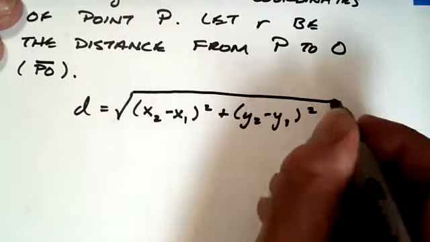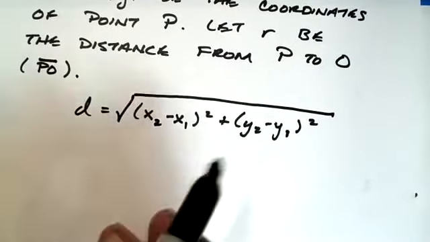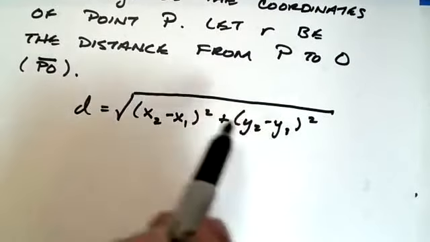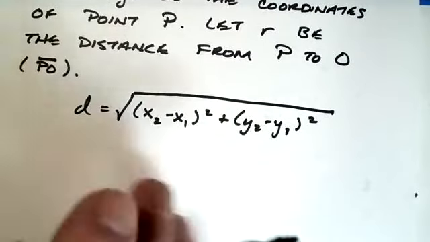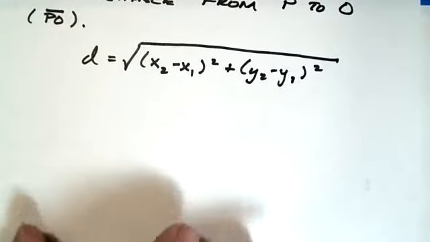Now, what you're seeing here is actually the Pythagorean theorem using a Cartesian coordinate system. Basically, a squared plus b squared, square root, equals c. And notice that d is always a positive number, or it's non-zero.